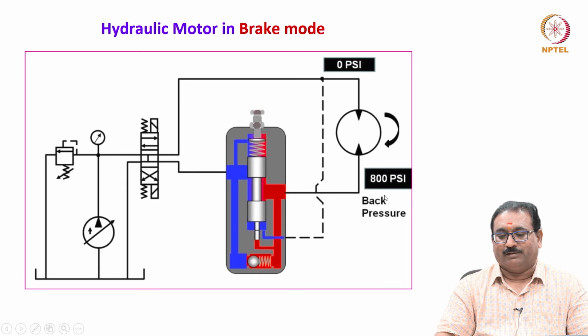Back pressure will start building here. Also remember, friends, this pressure is coming to this. It is braking mode. Slowly the load will come to the null position. Please understand this. Correct?